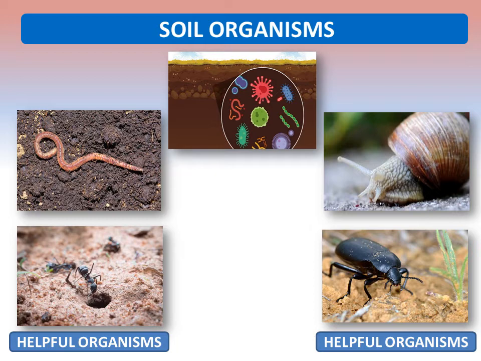Earthworms eat soil and decaying plant material and thus help in loosening and mixing of the soil. Some soil organisms like snails and beetles are harmful for plants.